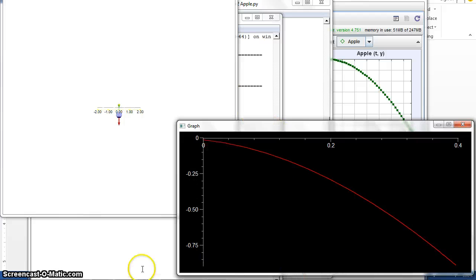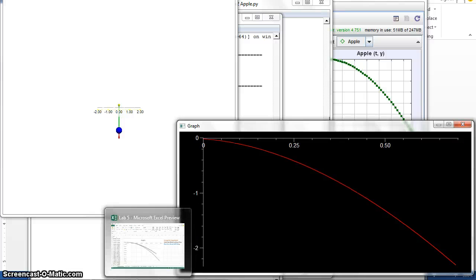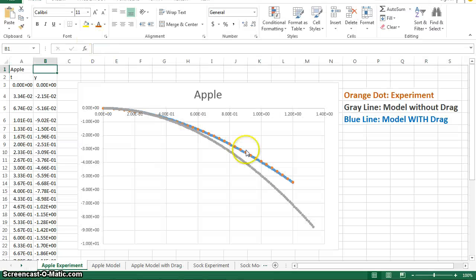You will see that it looks similar to the other two graphs. But as I compare them in the spreadsheet, you can see that the experiment, the orange dot, and the blue line, which is the model with the drag, are very close, almost identical. Meanwhile, the gray line, which is the model without the drag, is kind of far away. So the apple was falling with gravity and the drag force acting upon it.